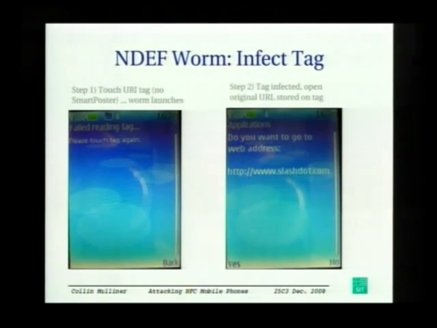If you then read a tag later, the worm starts and says the tag read failed, please touch it again, and the application looks like the phone interface itself. So you might think this is actually an error message from the phone. And the moment you touch it again, the worm will write itself out.